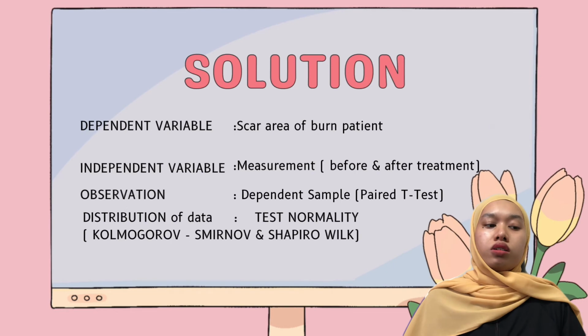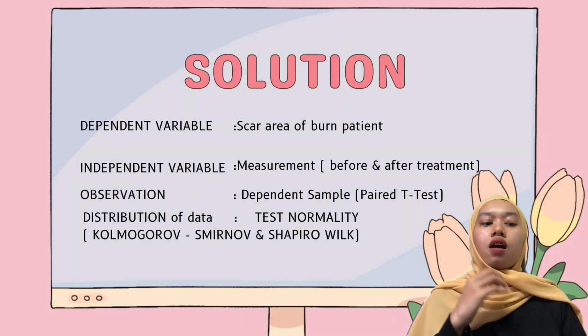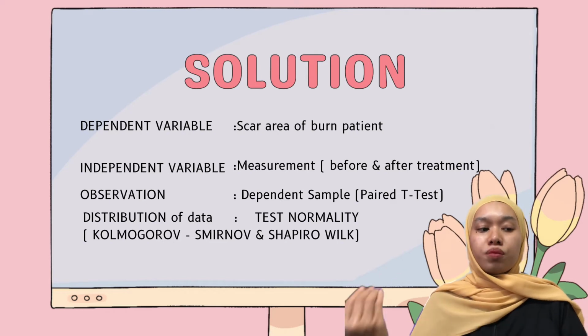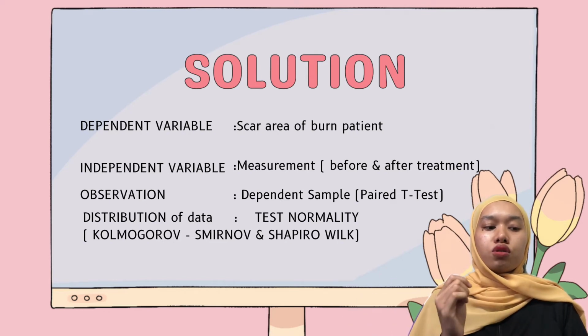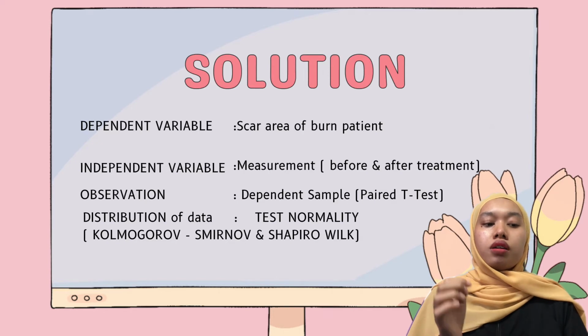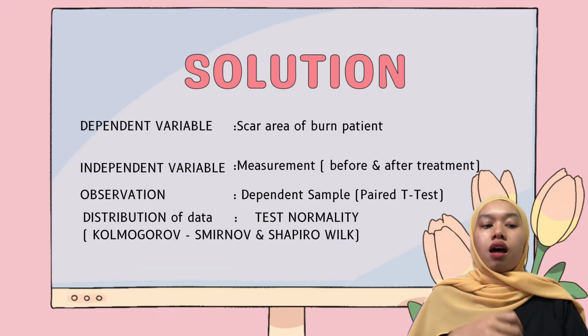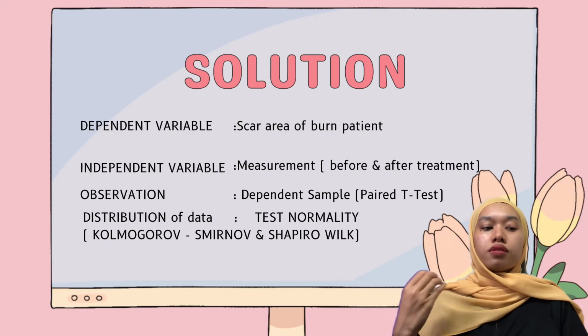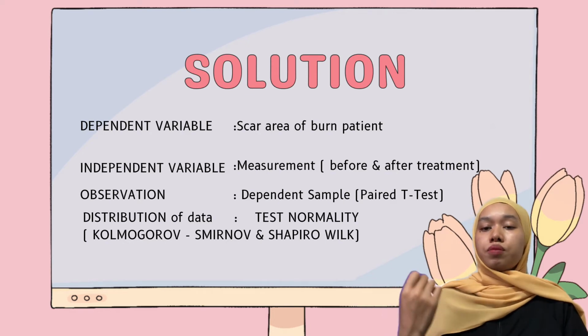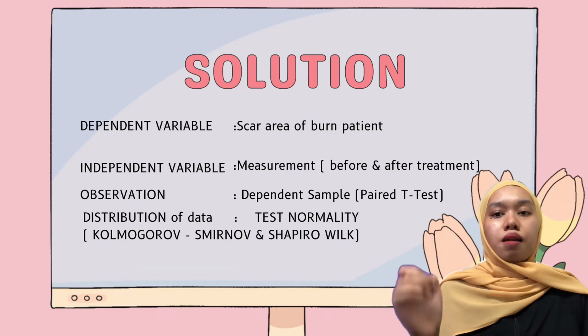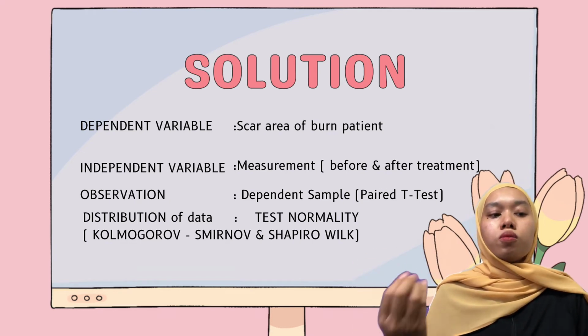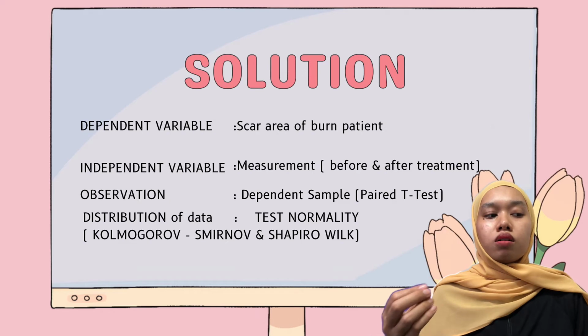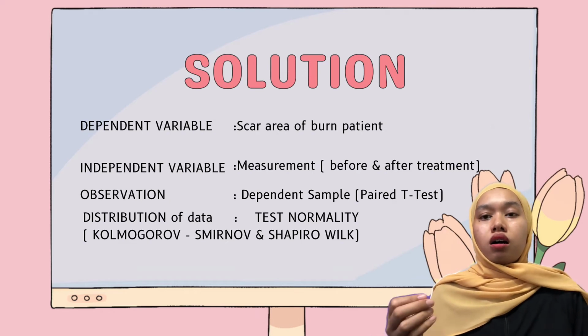Solution: the dependent variable is the scar area of the burn patient. The independent variable is the measurement before and after treatment. For observation, we use the dependent paired t-test. For the distribution of data, we look at the test of normality, Kolmogorov-Smirnov and Shapiro-Wilk. We use a dependent sample because the groups are from the same sample where the tests are done.